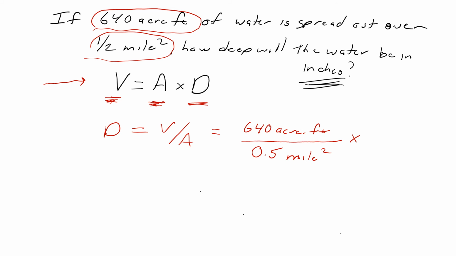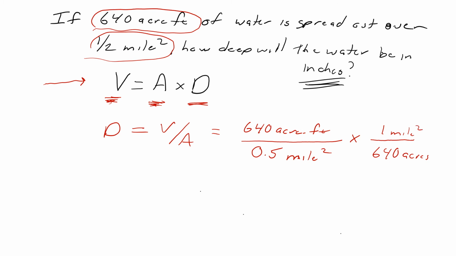Okay, so we have a conversion where 640 acres equals a mile squared, right? We want to get rid of acres, correct? So we're going to put acres in the bottom. So we're going to have 640 acres over here on the bottom, 1 mile squared on top.